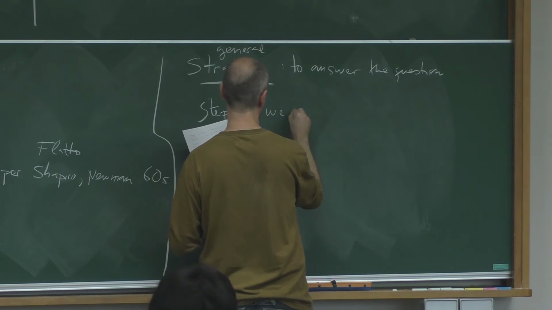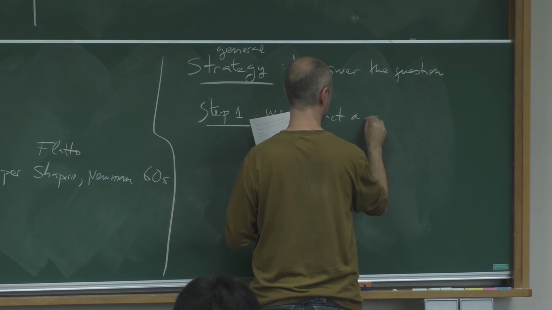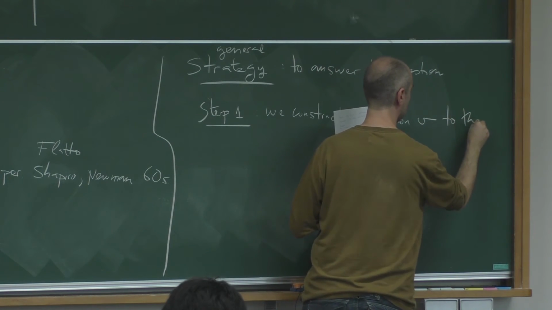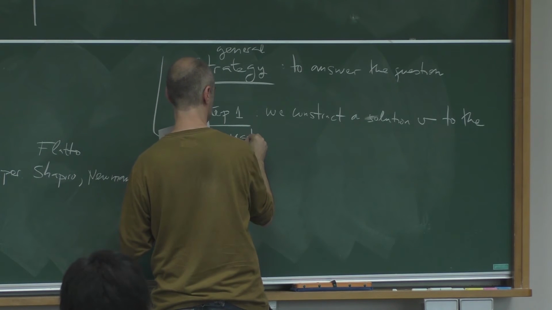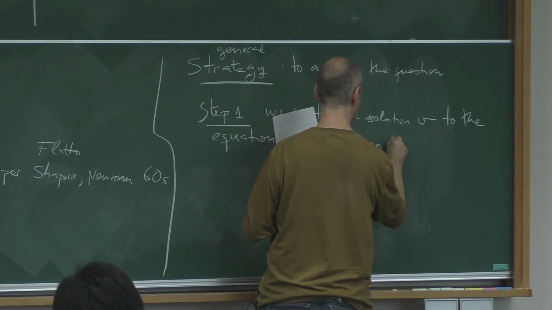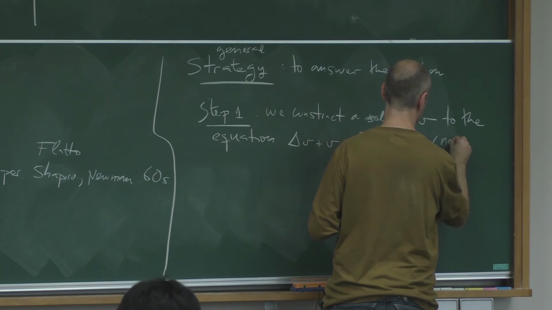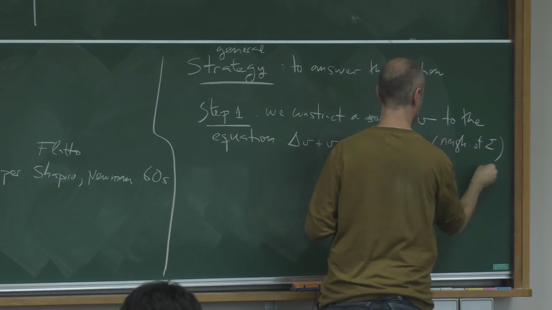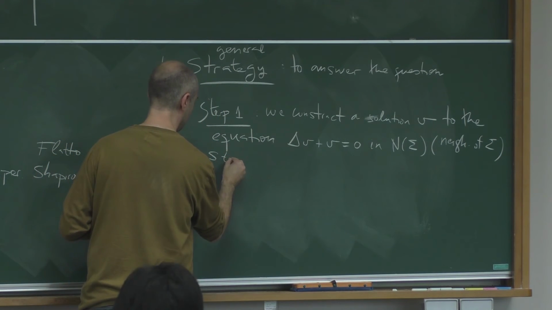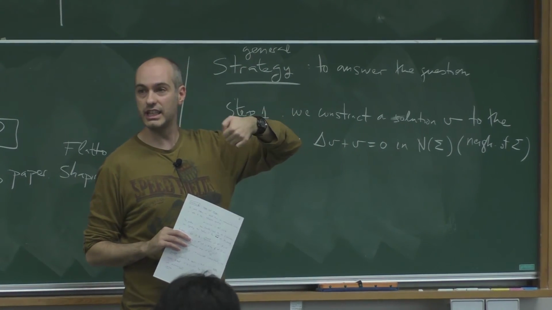So we construct a local solution V, of the equation Laplacian of V plus V equals 0 in N of sigma, a neighborhood of sigma, such that you want this local solution to have a zero set just given by sigma.